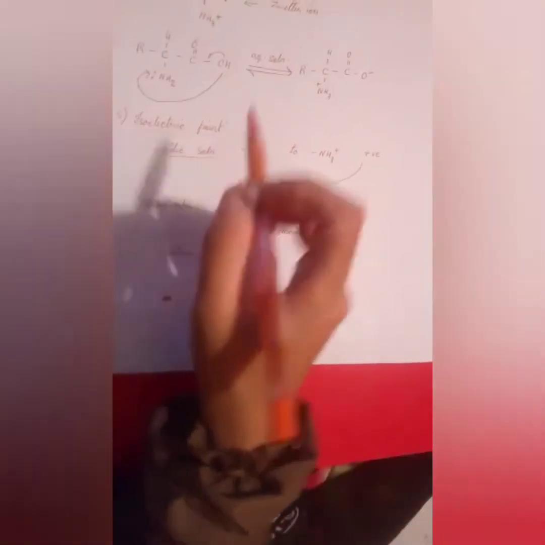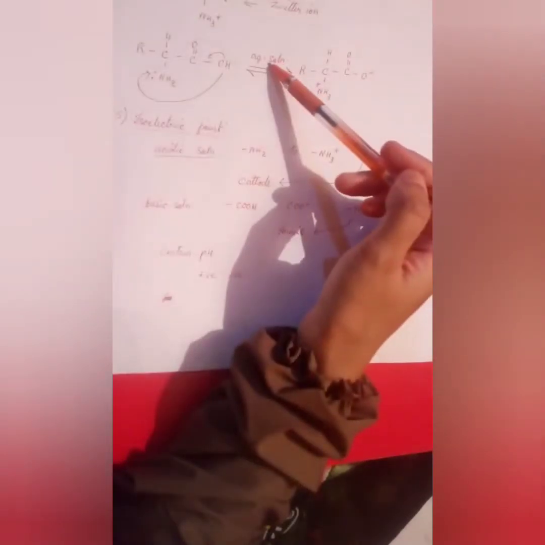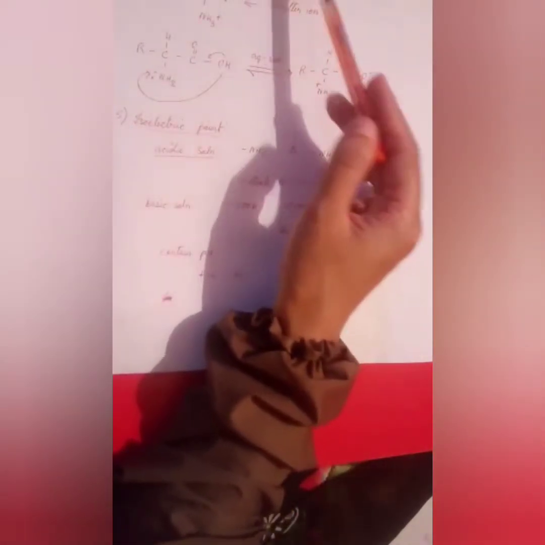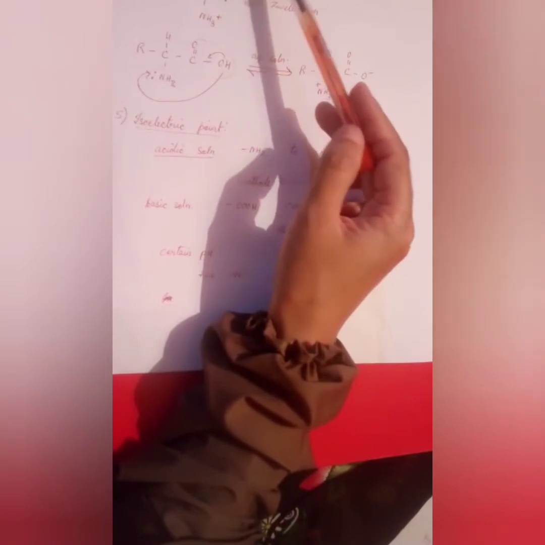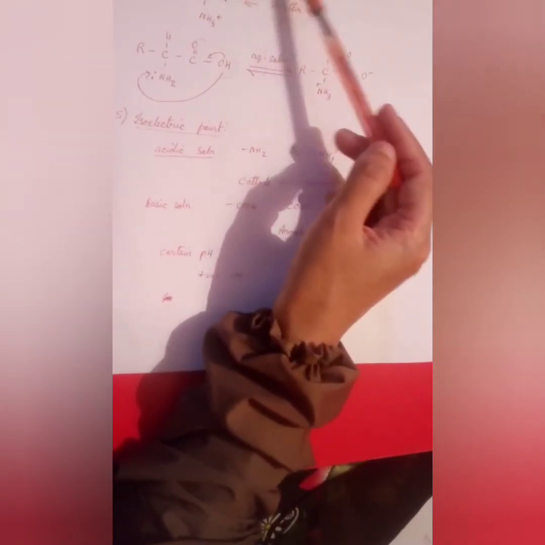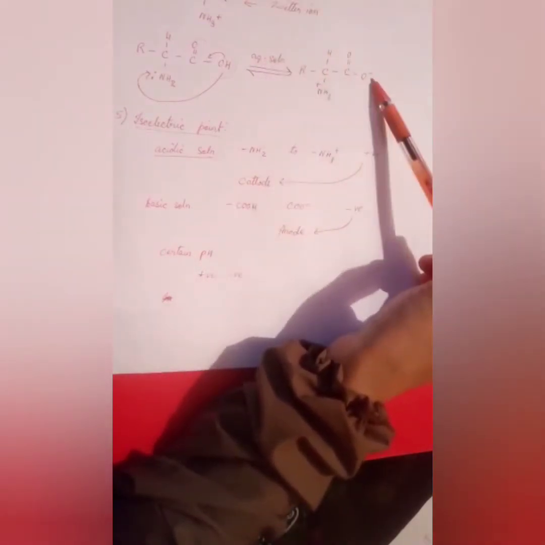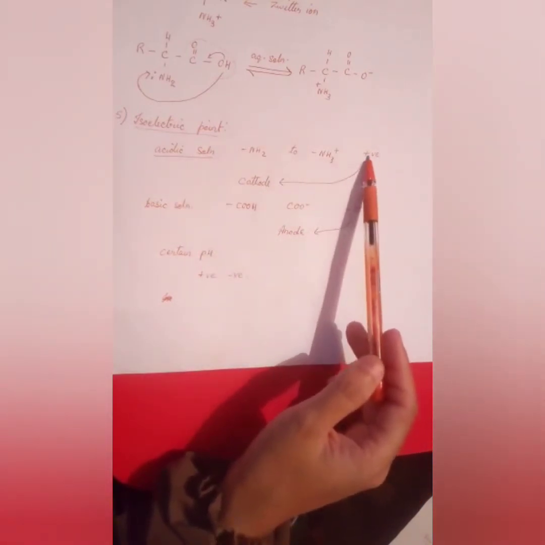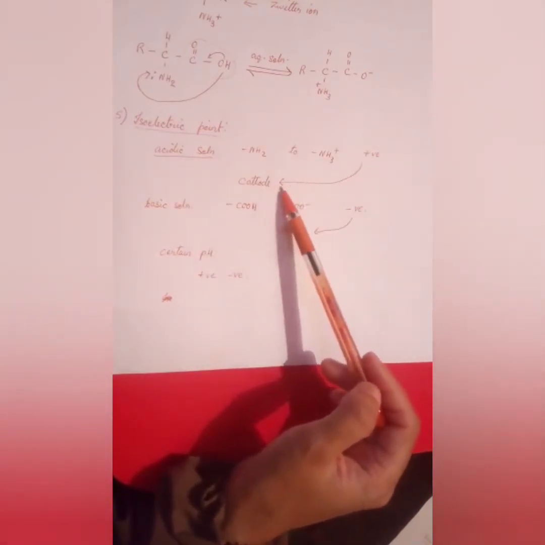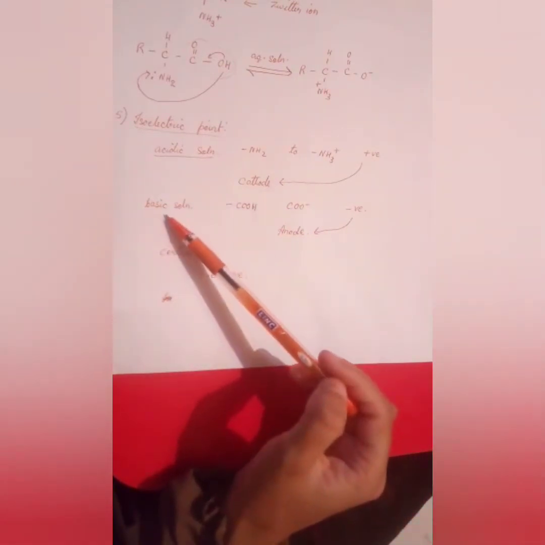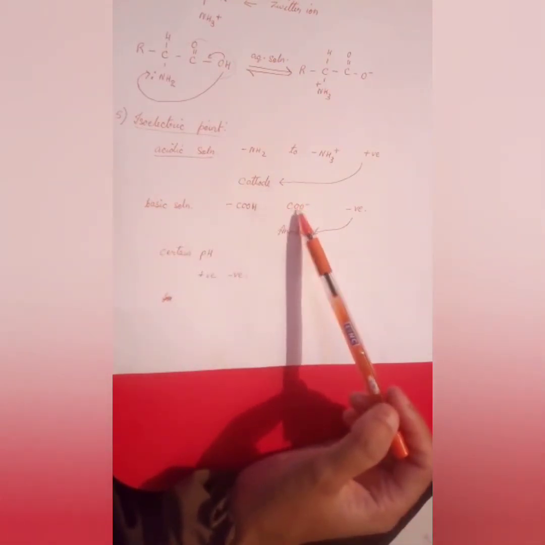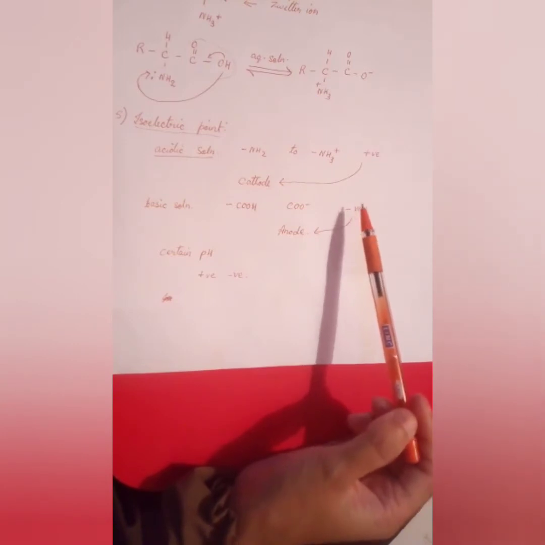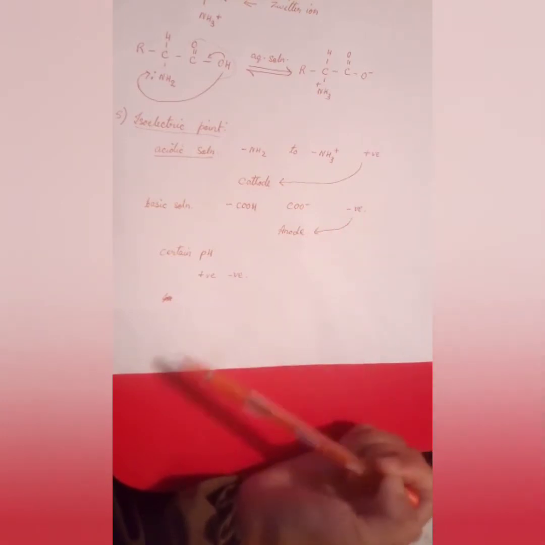I hope it's clear. Just remember, inside the aqueous solution, the amino acid can act both as proton donor and as proton acceptor, because it carries both charges. But here it is different. In acidic solution, it can carry only the positive charge, and thus it gets attracted towards the cathode. While in basic solution, the amino acid carries only the negative charge, so it gets attracted towards the anode.